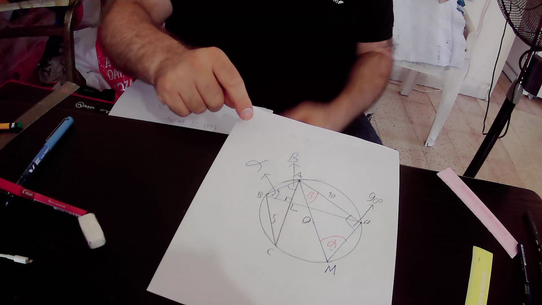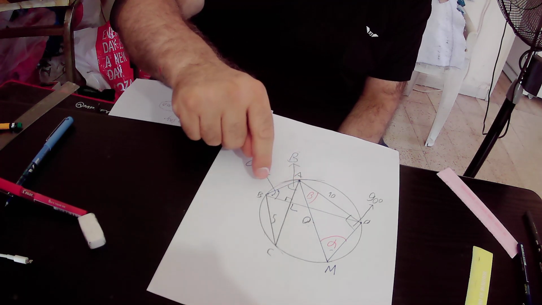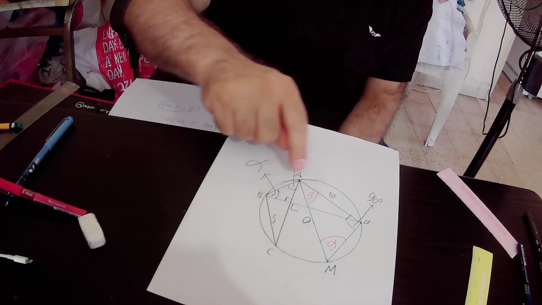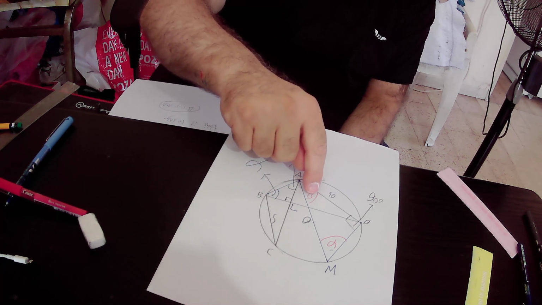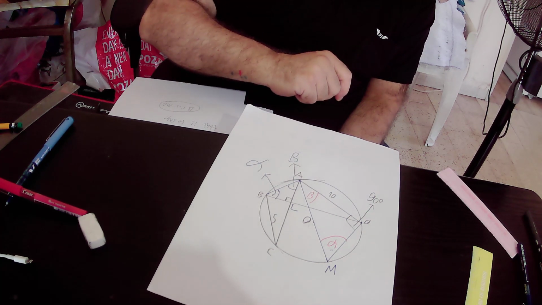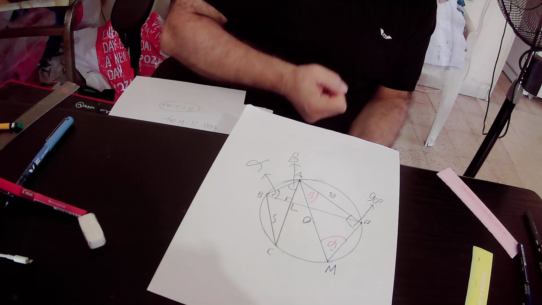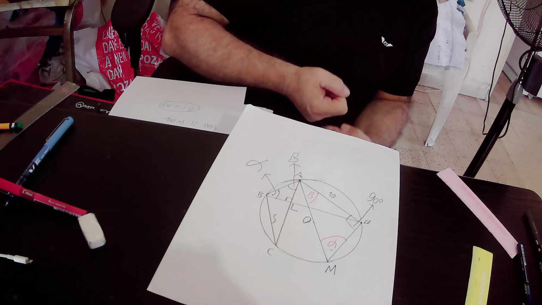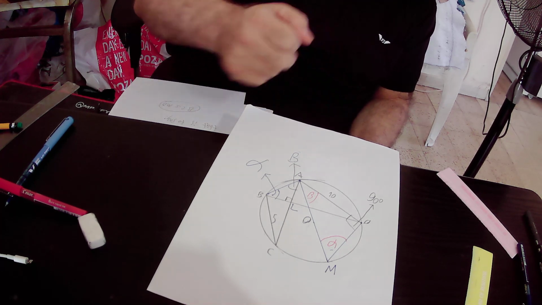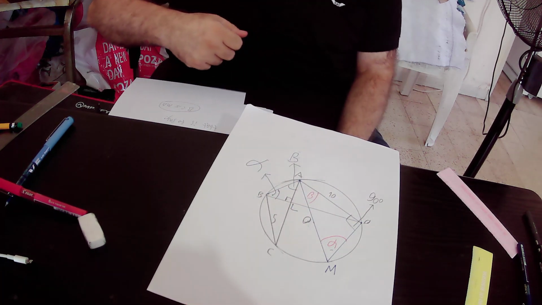That is to say, this angle beta rests on BC, and this angle beta rests on MD. And according to rule number 3, they rest on equal chords. That is to say, BC equals MD. Okay?